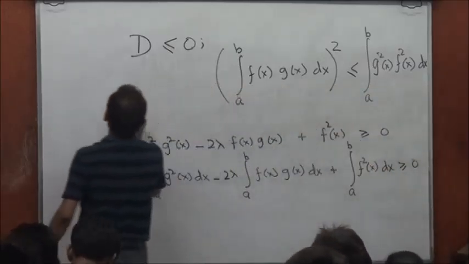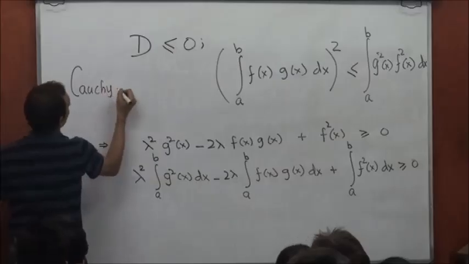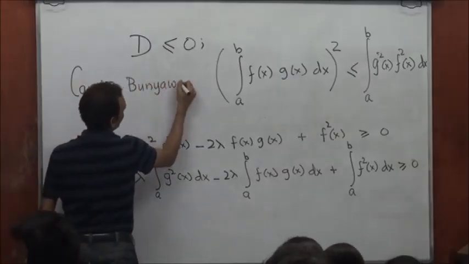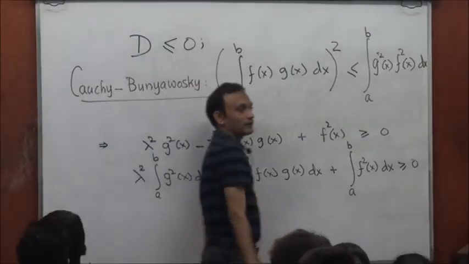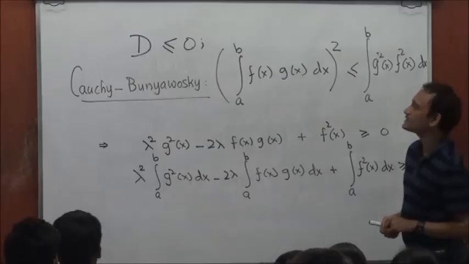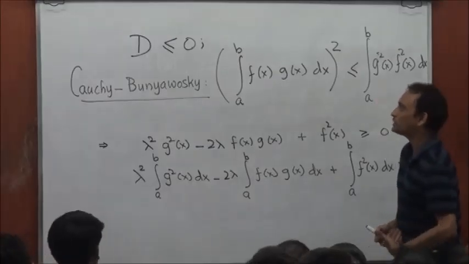This inequality is called the Cauchy-Bunyakovsky inequality. These Russians have an uncanny knack of being everywhere. I guess this is adapted out of Cauchy, applied to integration.